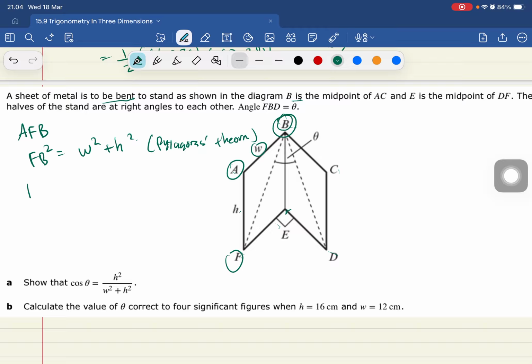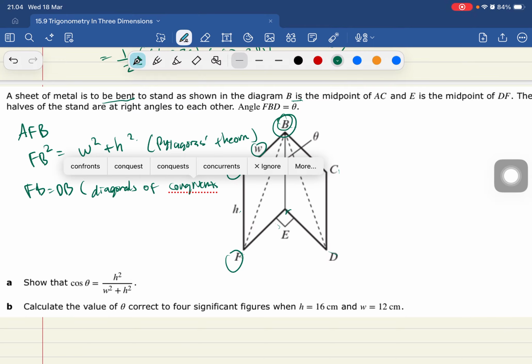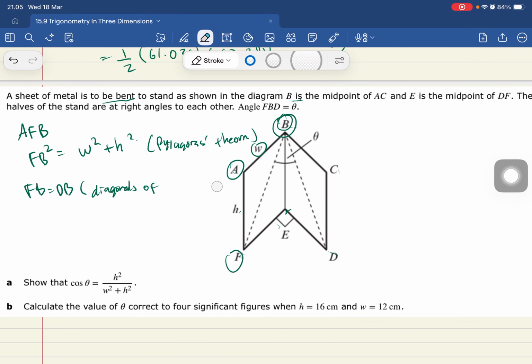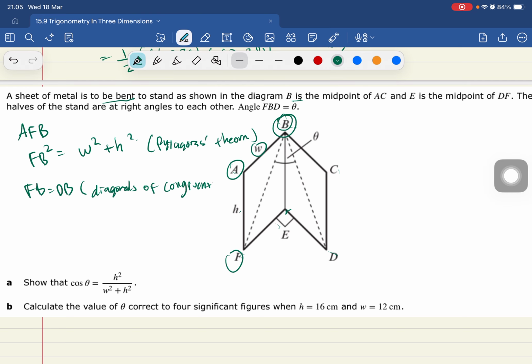And then since we know FB equal to DB, because they are diagonals of congruent rectangles. Let me write properly. Congruent rectangle. Okay, FB equal to DB, congruent rectangle.